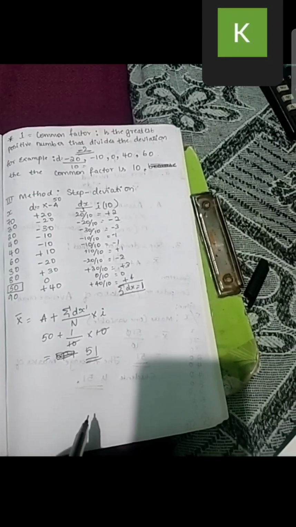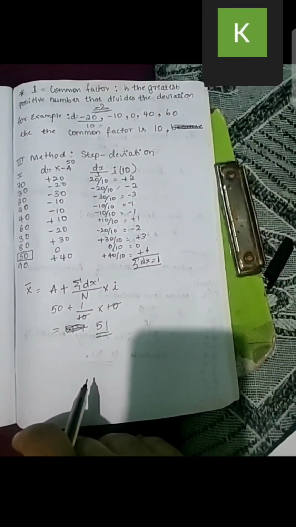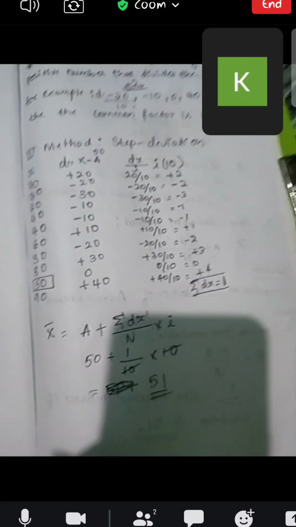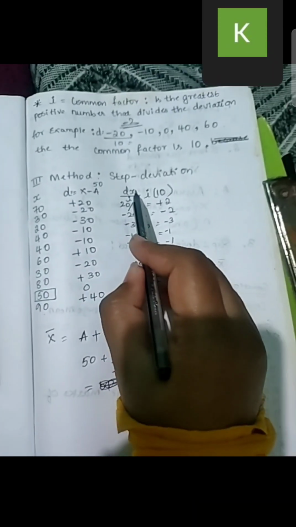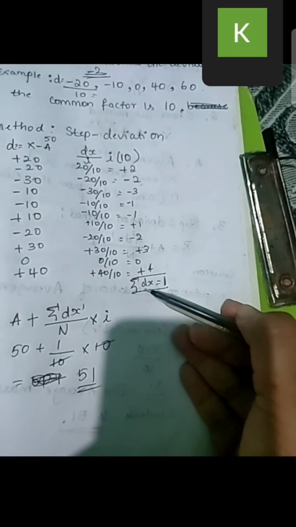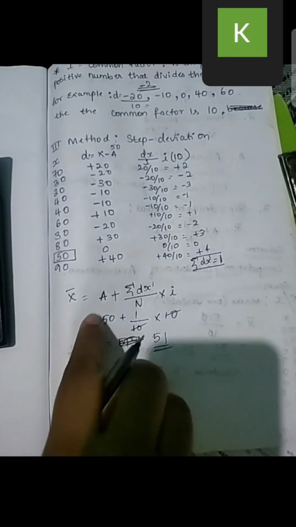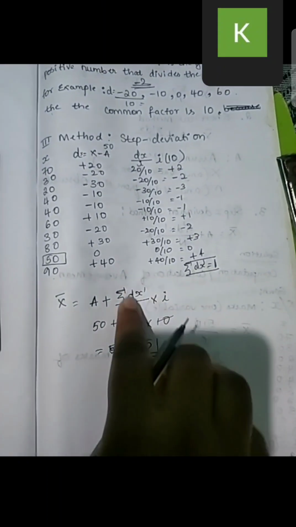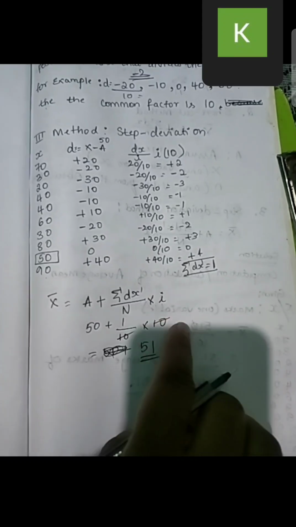After calculating dx divided by I, we need to add the answers, and we denote it as summation dx bar. 50 plus summation dx bar, which is 1 divided by n, that is 10, into 10.